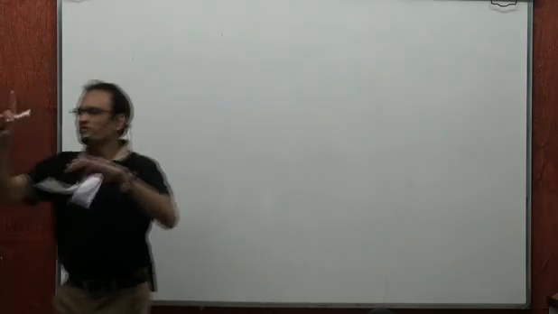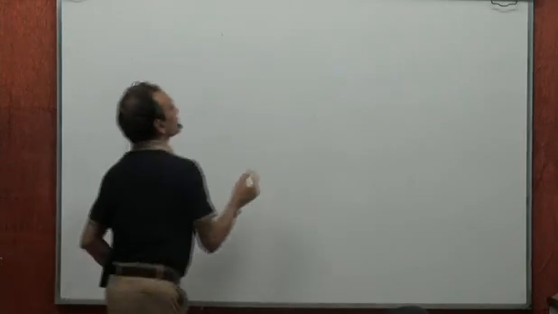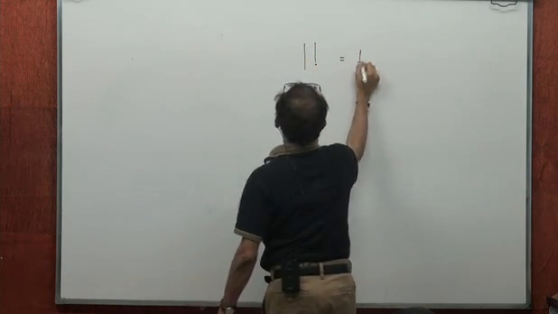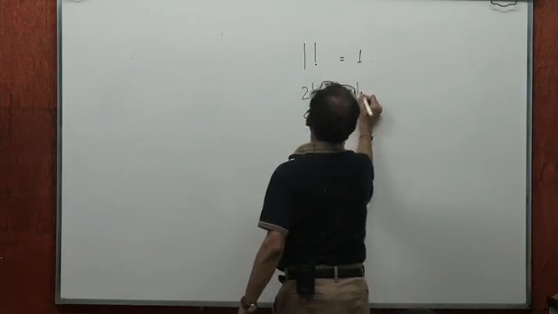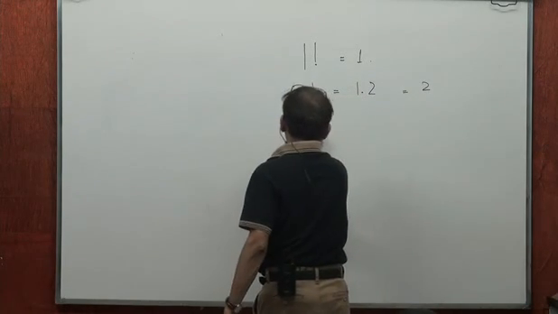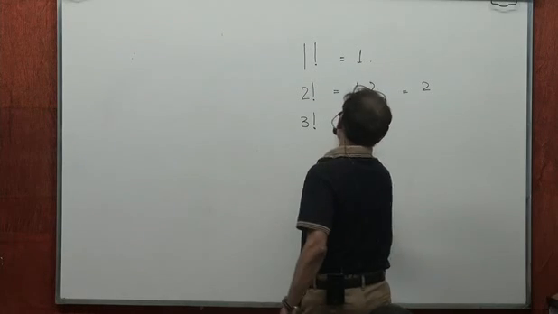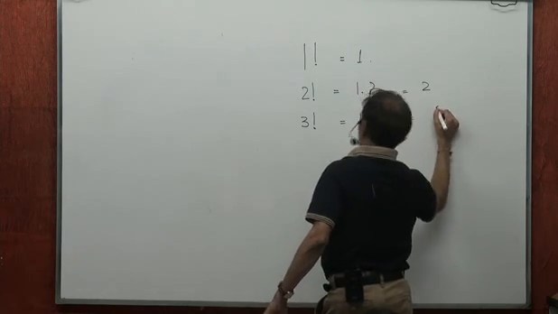Good. First of all, those of you who do not understand what factorial means, essentially when I talk of 1 factorial, it's 1. When I talk of 2 factorial, it's the product of the first 2 natural numbers, which is 2. When I talk of 3 factorial, it's the product of the first 3 natural numbers, which is 1 into 2 into 3, which is 6.